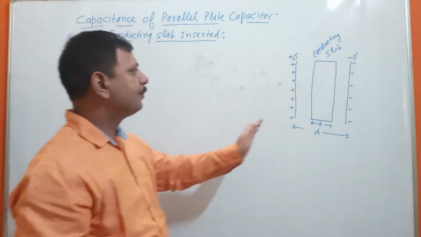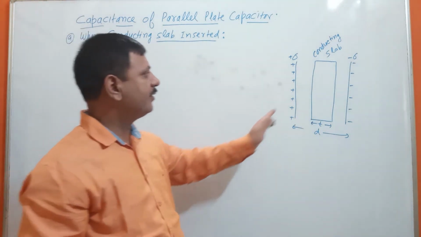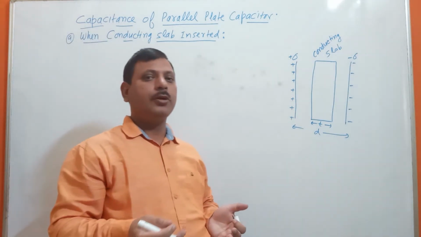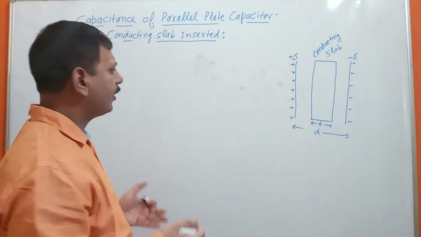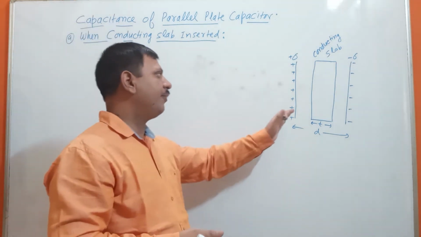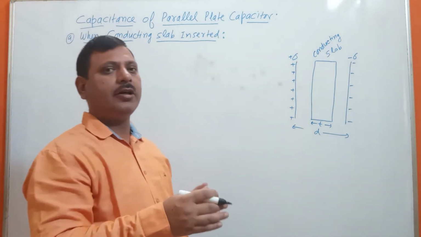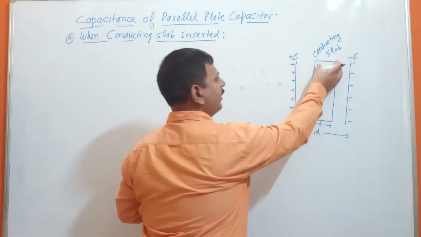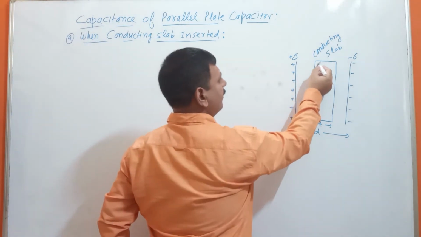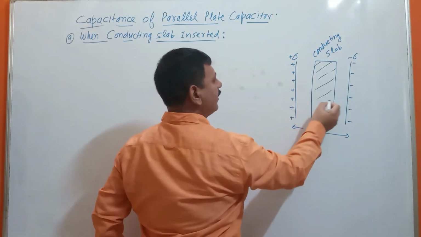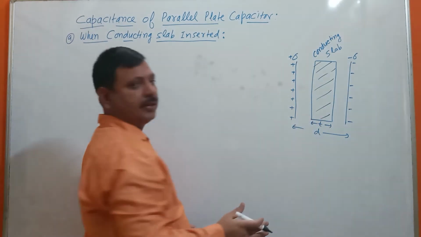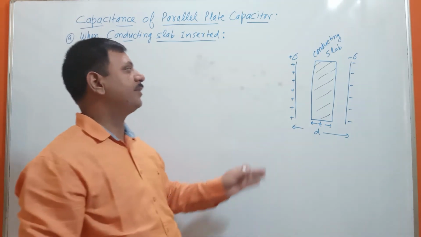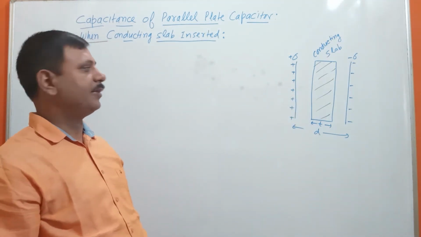Previously I told you, when there is air or vacuum, the capacitance is C equal to epsilon naught A upon D. If a dielectric is there, it is epsilon naught A K upon D. If I insert a conducting slab, this is the conducting slab of width T, inserted between the plates, what will be the capacitance of this parallel plate capacitor?